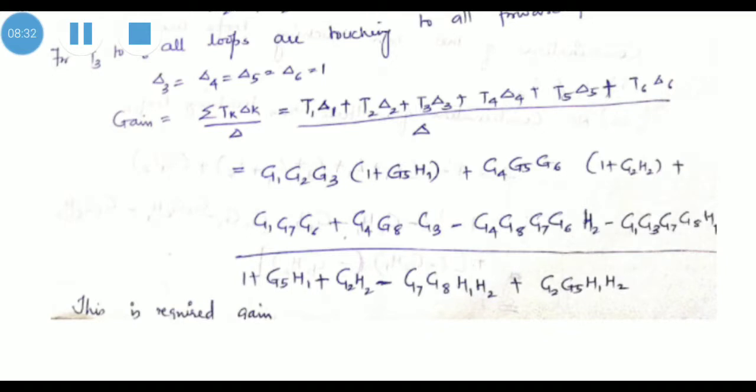Delta is 1 plus G5H1 plus G2H2 minus G7G8H1H2 plus G2G5H1H2. This is the required gain.